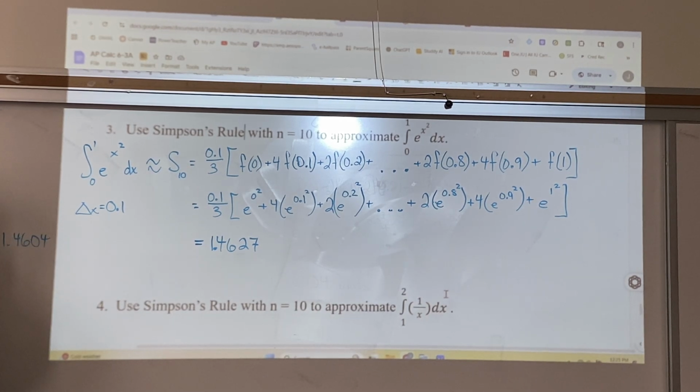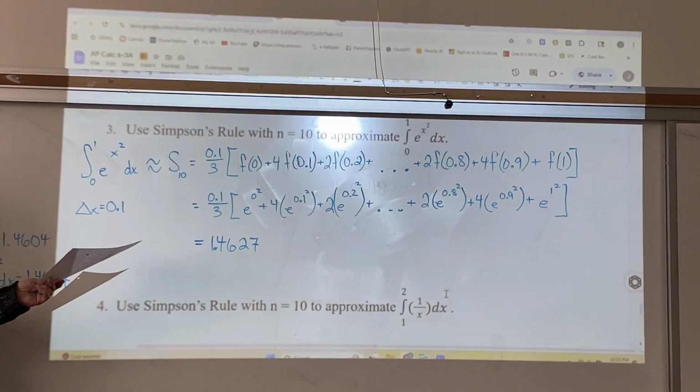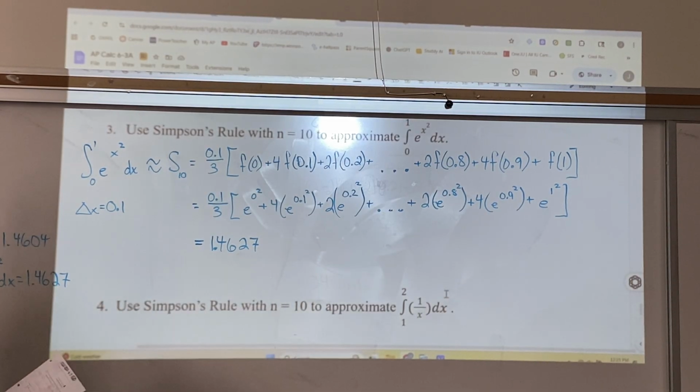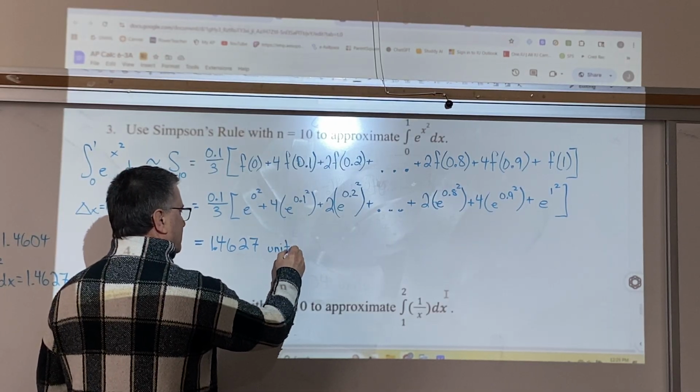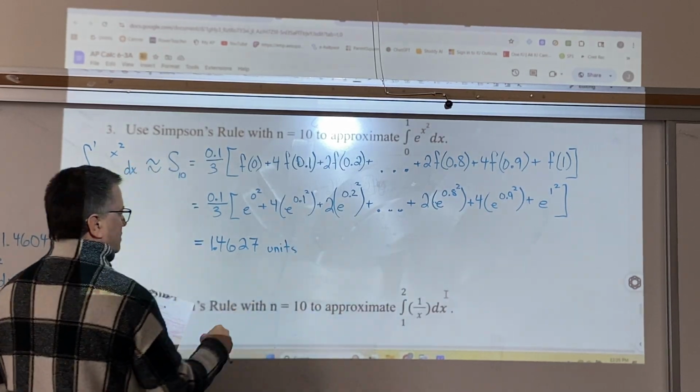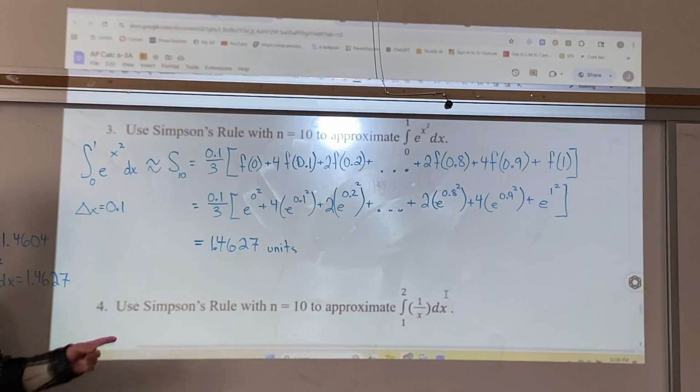I knew it was actually 1.4627. Look what Simpson is. I can't say exactly the same thing because the decimal place down here may be changing. But man, you can at least say, Simpson's even better than trapezoid or midpoint.